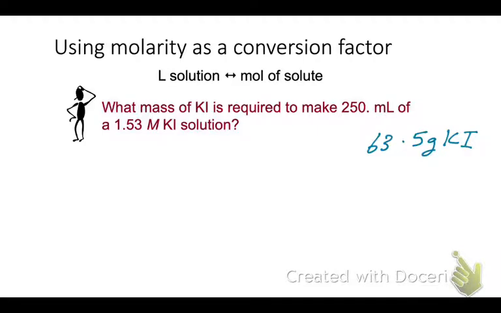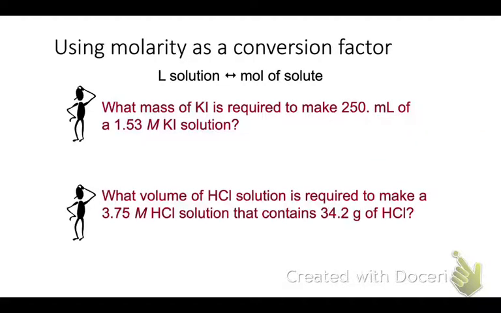Now we are going to look at the next question. What volume of hydrochloric acid solution is required to make a 3.75 molar hydrochloric acid solution that contains 34.2 grams of hydrogen chloride? Let's see what they gave us.